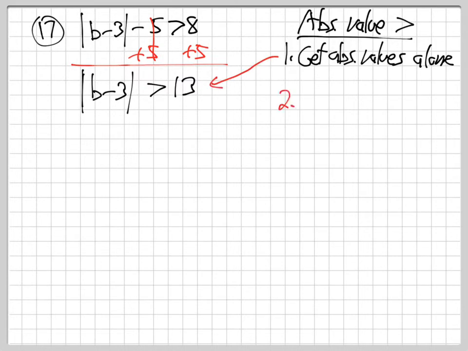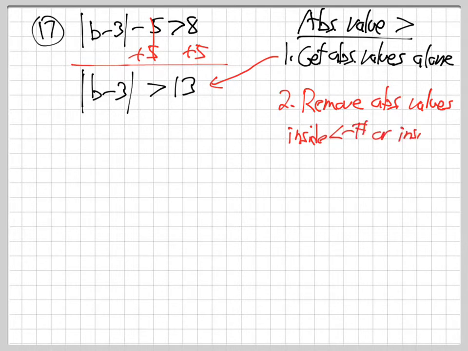Step 2, it's the removal step. Remove the absolute values, and you do it this way. You go inside less than the negative number, or inside greater than the positive number.